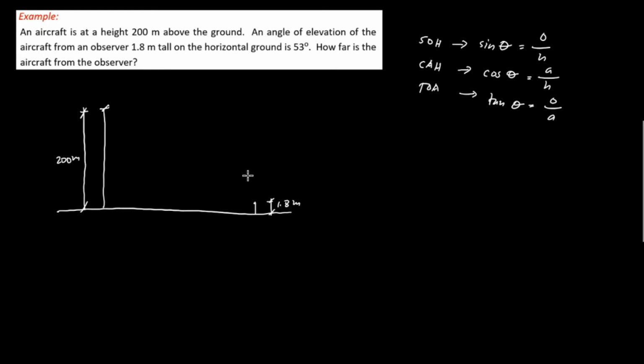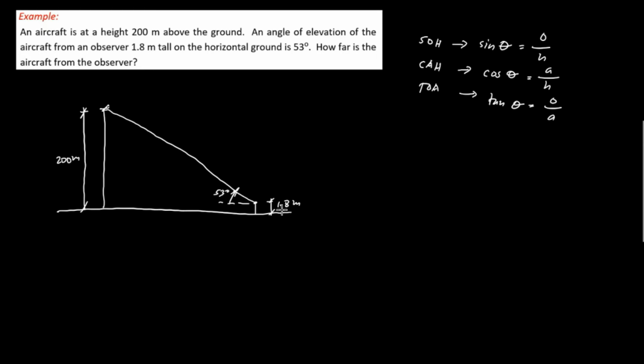And the angle of elevation of the aircraft from the observer, from the observer up to the aircraft, from the ground, which is horizontal, up to the line of sight, is 53 degrees. And this is the angle of elevation.